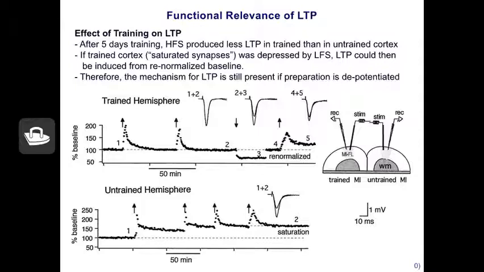Not only had Rioult and Pedotti found a needle in a haystack and made a connection between a learning task and potentiation in a specific circuit, but it also seems that they had uncovered an opportunity to explore the range of potentiation that can be expressed in the motor cortex neurons. And we're going to see that in just a minute.